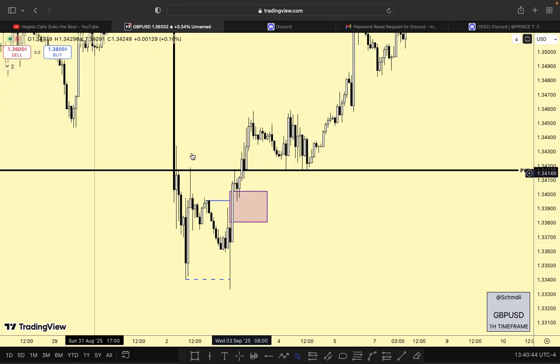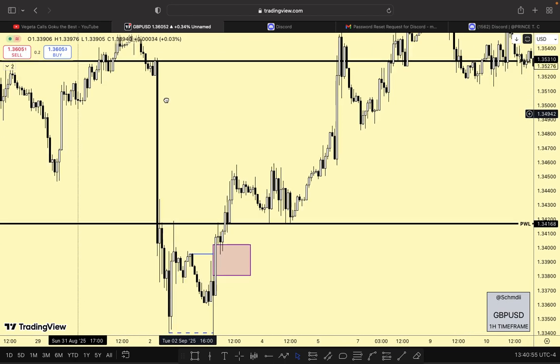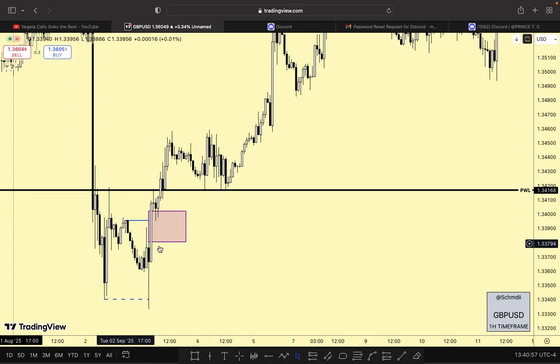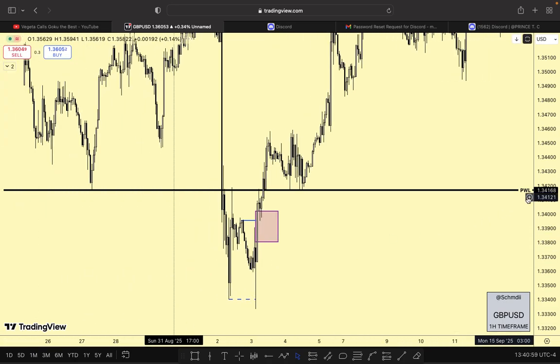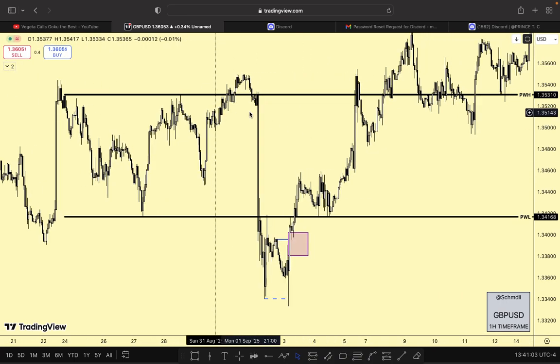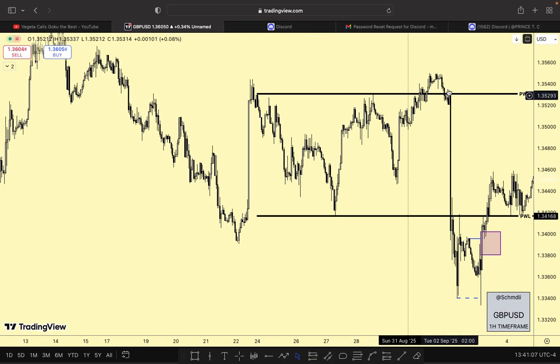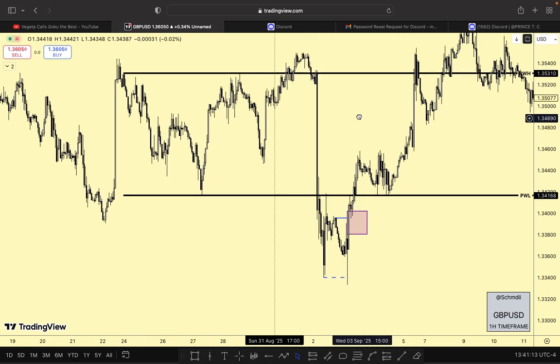This one I'm not gonna really speak on because this pattern doesn't look as clean. You can still see the pattern, but it's not as clean as I'd like it to be. This one is clean, so that's the one I'm gonna speak on. But just going back, you can see previous weekly highs and lows. We hit the previous week's high, then we reverse down, hit the previous weekly low, and then reverse back up.